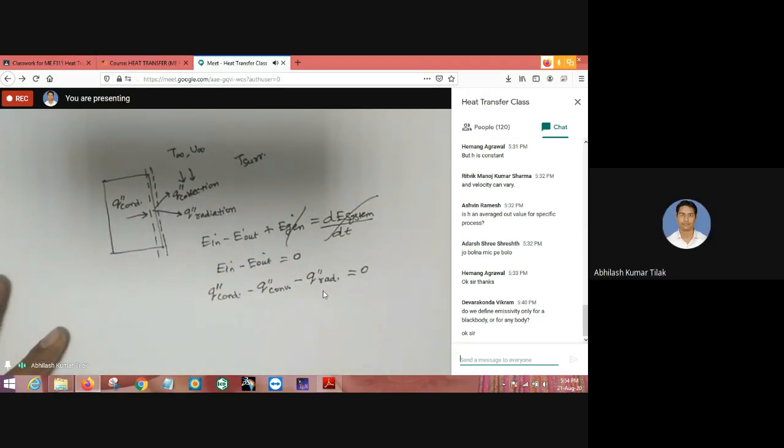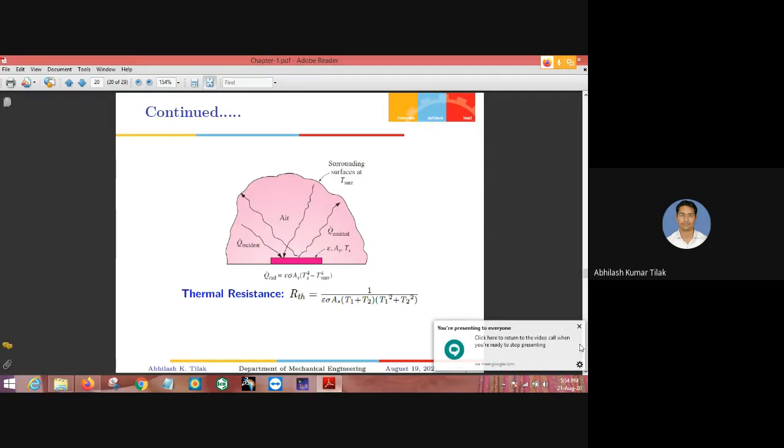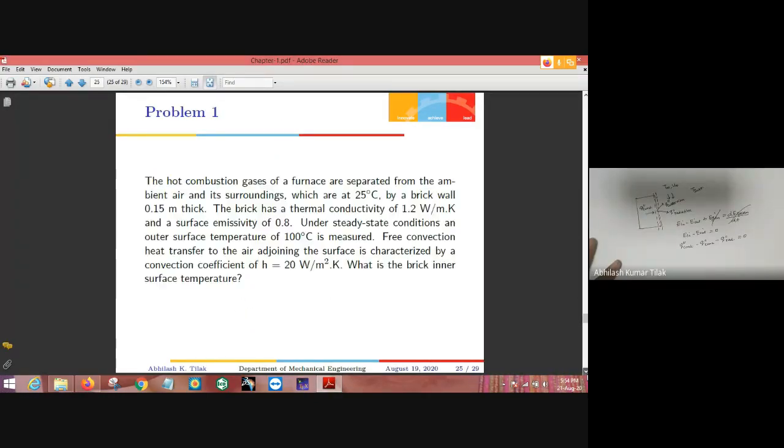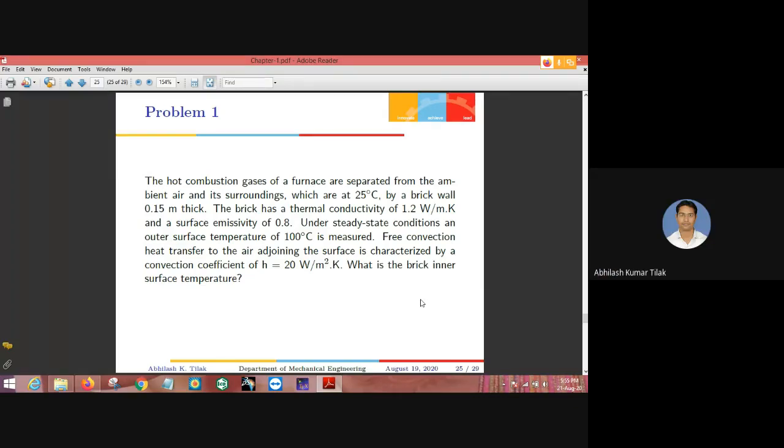So this was the theory related to chapter 1, the basics of heat transfer. Now we have some problems related to this. Problem number 1 is given as follows: hot combustion gases of a furnace are separated from the ambient air and its surroundings, which are at 25 degrees centigrade, so T infinity is equal to T surrounding, 25 degrees centigrade, by a brick wall which is 0.15 meter thick.